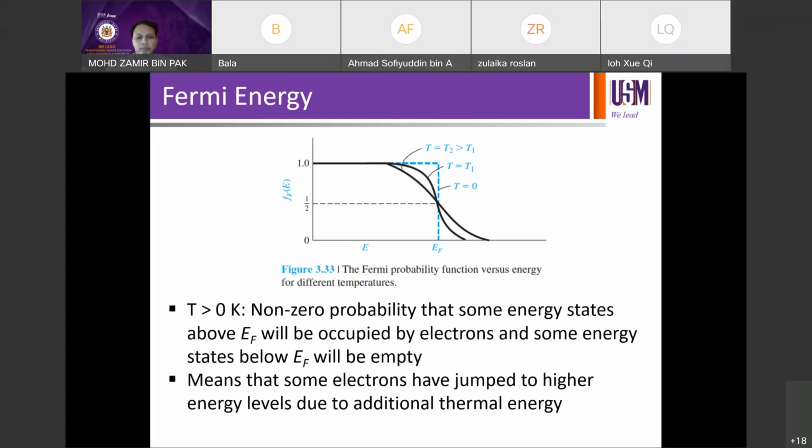Remember, you can plot this with either f(E) as the y-axis or f(E) as the x-axis. You'll probably see both cases used in different references, but the message is still the same.